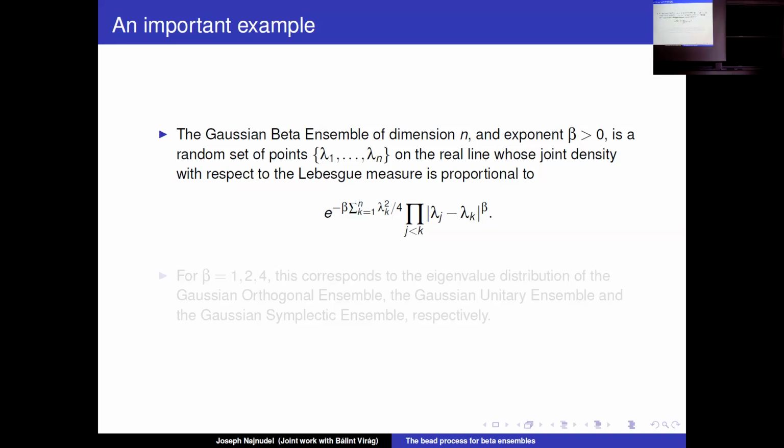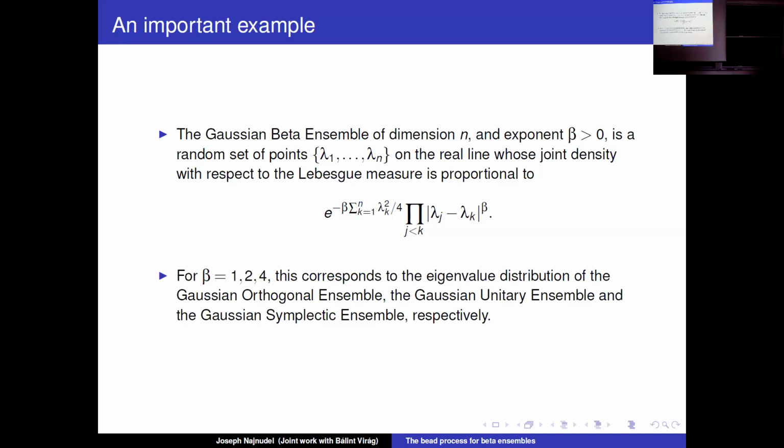So it's a random set of points on the real line with density proportional to this. So we have the product of the distances between points to the power beta times some Gaussian density. And for beta equals 1, 2, 4, this corresponds to the eigenvalue distribution of the Gaussian orthogonal ensemble, the Gaussian unitary ensemble, and the Gaussian symplectic ensemble, respectively.